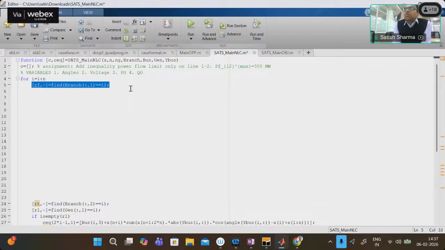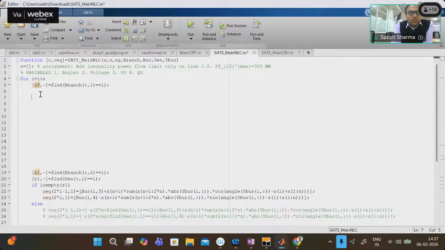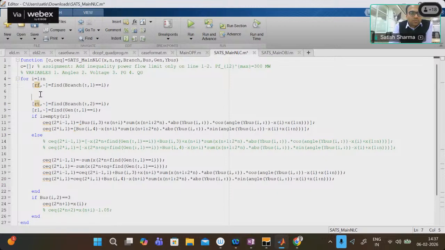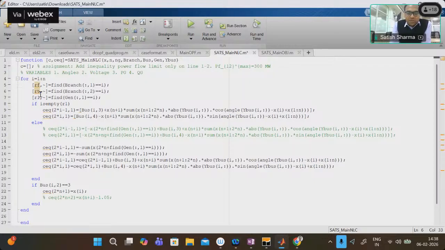We already understood earlier in today's class that in the branch data I will find out at how many places it is the from node, and then at how many places it is the to node. So we will use the same function find, but in the second column, not in the first column.